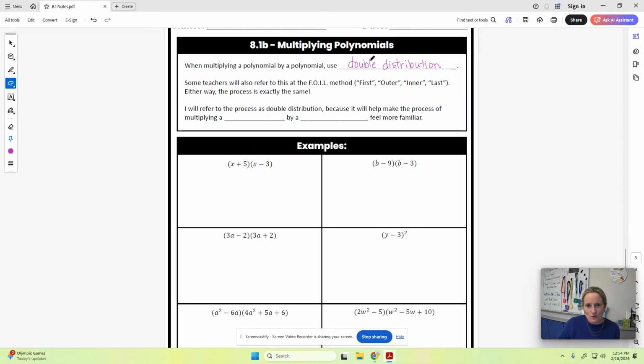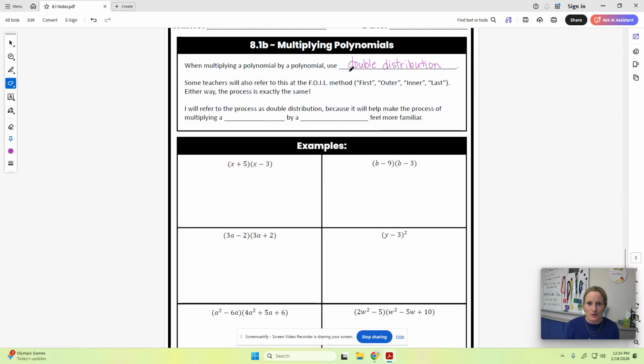These two things are doing the same thing, it's just a different way of remembering how to do it. So if a parent or a tutor or older sibling mentions to you, oh, you just have to use FOIL, what they mean is that you're going to be multiplying the first term of each parentheses together, the outside term of each parentheses, the inside term, and then the last term in each parentheses.